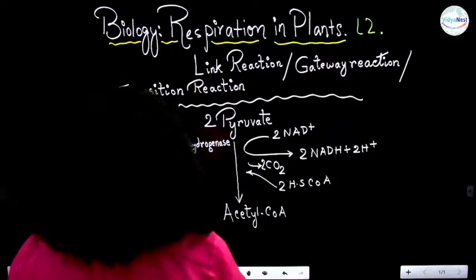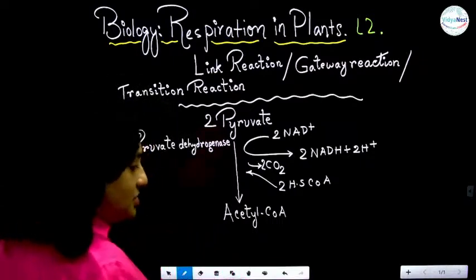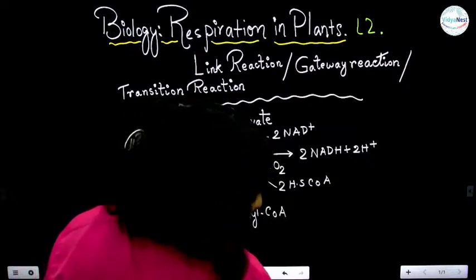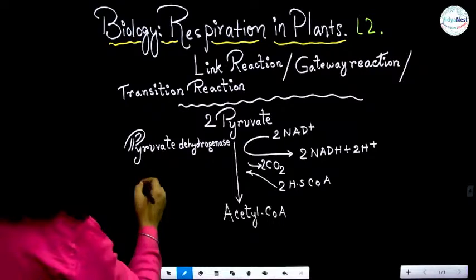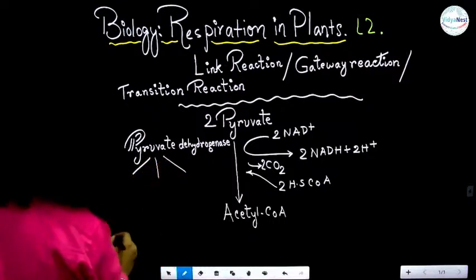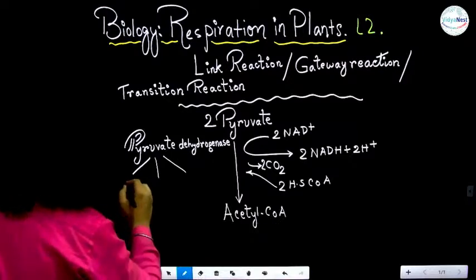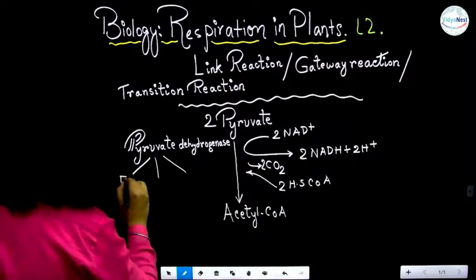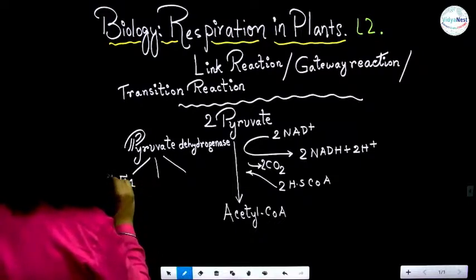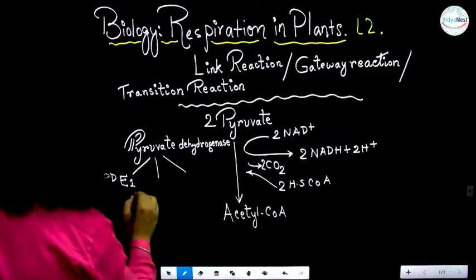This pyruvate dehydrogenase has three components. What are the three different components? One is pyruvate dehydrogenase itself, enzyme 1, PD1.